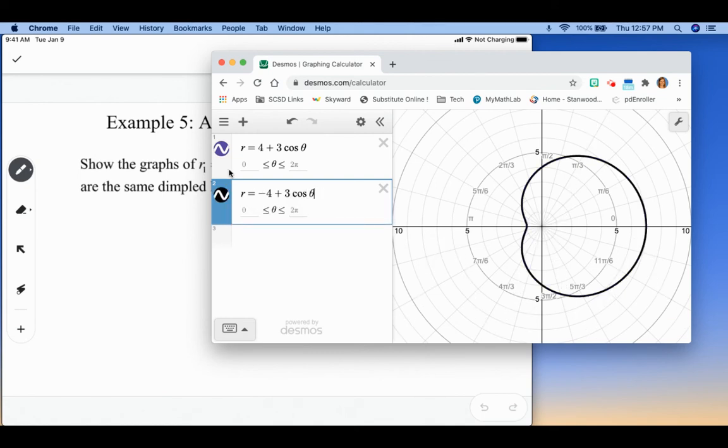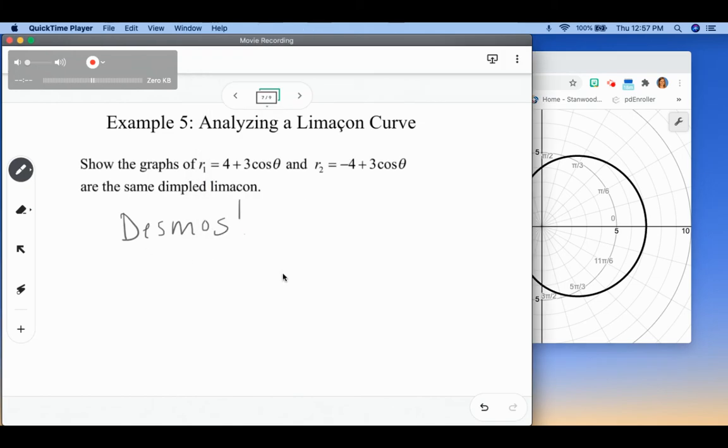And you can see, you can turn one graph on, they're the same graph. So use Desmos to verify that these are the same.